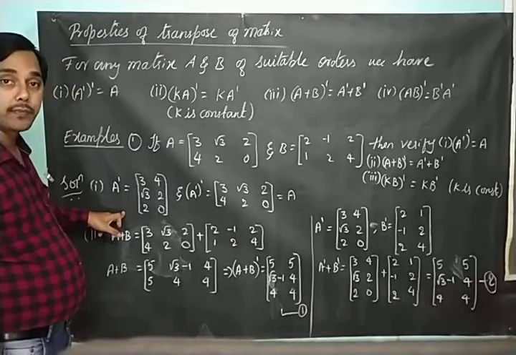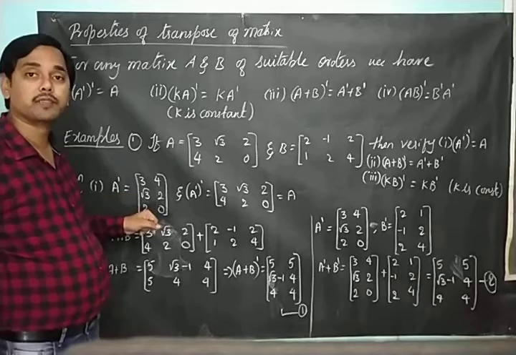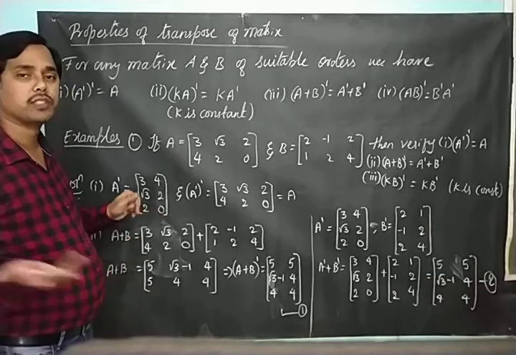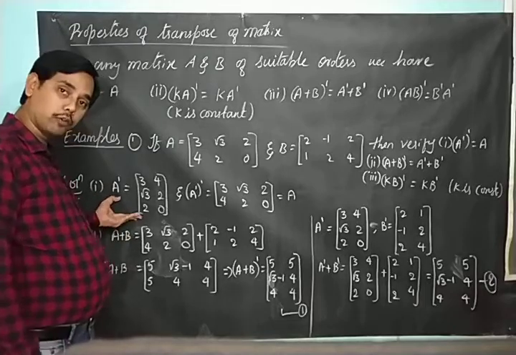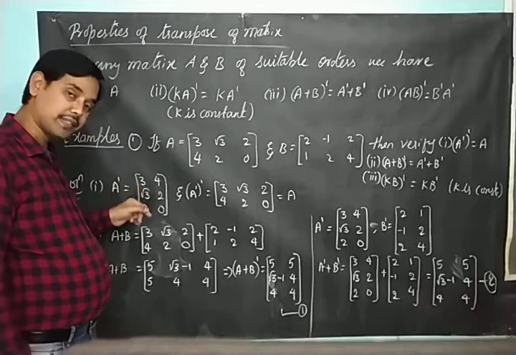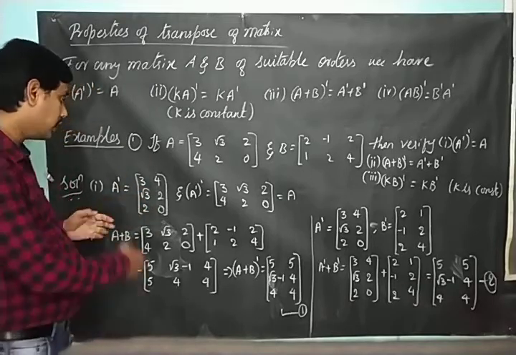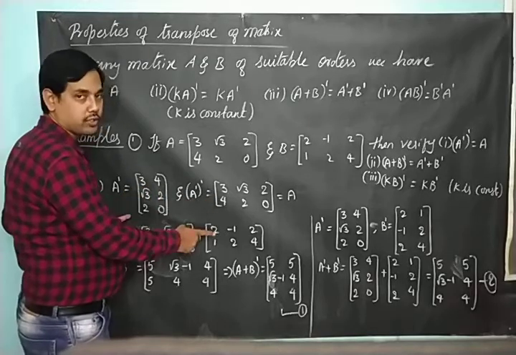Now A transpose whole transpose means we need to take the transpose of this A transpose. What is the meaning of transpose? Rows should be converted into columns. So the first row will become the first column, the second row will become the second column, and the third row will become the third column. The first row is 3, 4, so it becomes the first column.